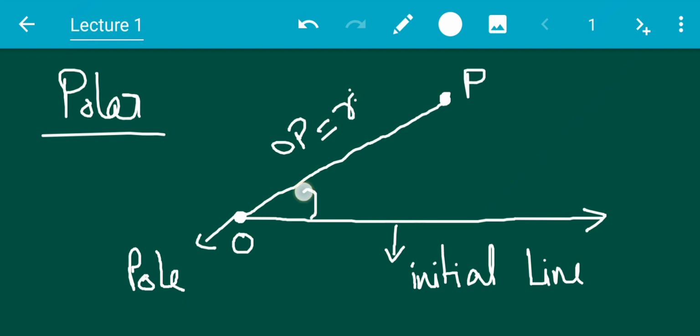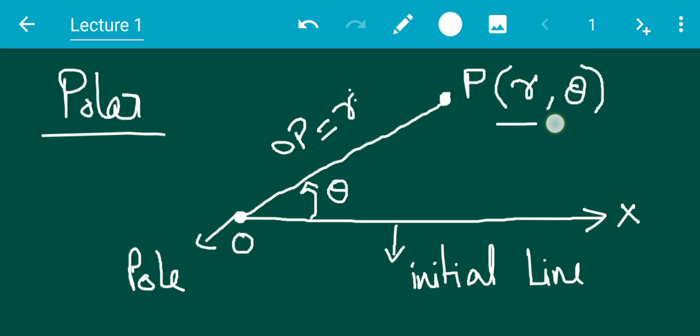We measure the angle from the positive direction of the x-axis anti-clockwise, so angle XOP is theta. Then we define this coordinate as (r, theta). So this is the polar coordinate.